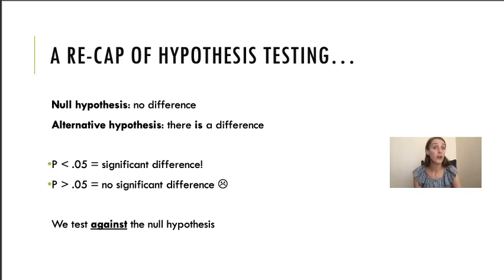We call 0.05 or 5% unlikely to happen. If there's a 5% chance of something happening, we say that that's generally unlikely to happen. So if we find a p-value that is less than 0.05, then we found a significant difference, something that seemed unlikely to happen if the null hypothesis was true.